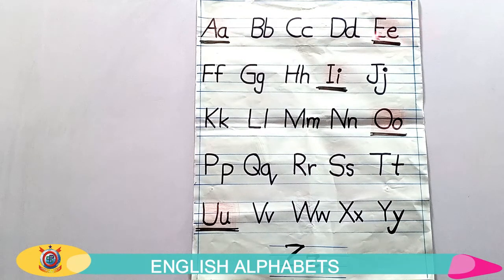A, E, I, O, U. और consonants हैं 21. They are B, C, D, F, G, H, J, K, L, M, N, P, Q, R, S, T, V, W, X, Y, and Z.